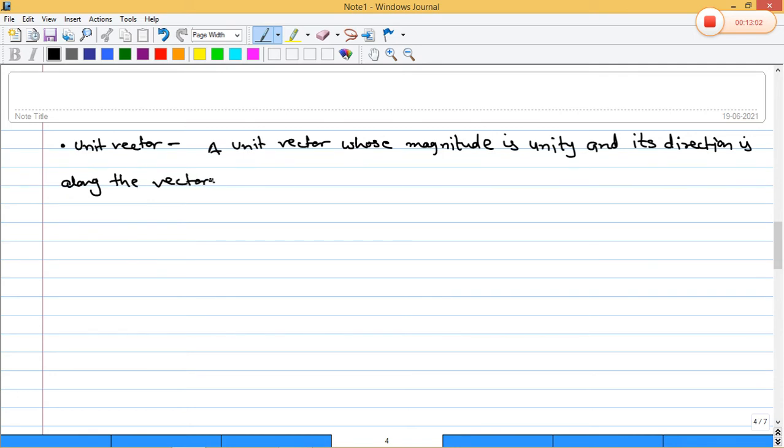Okay, so how can we represent it? The representation of this unit vector is denoted by a cap.